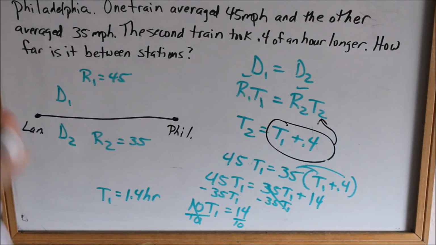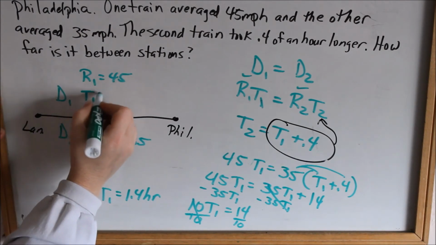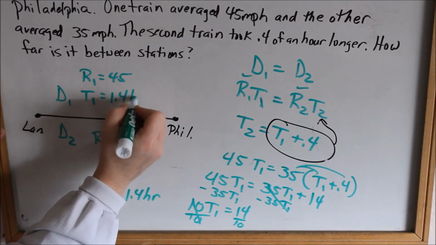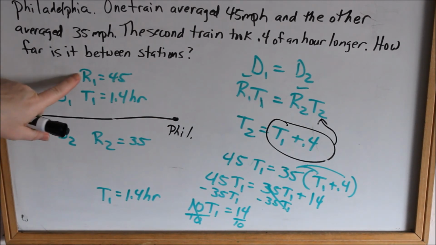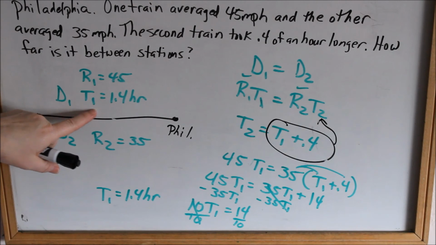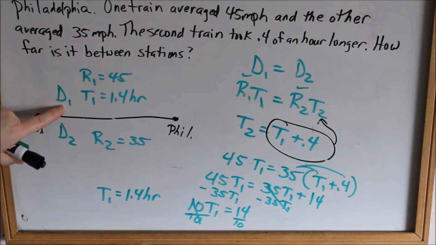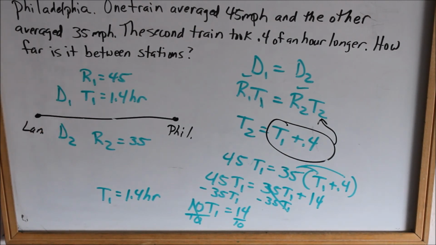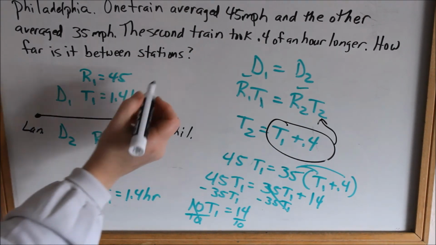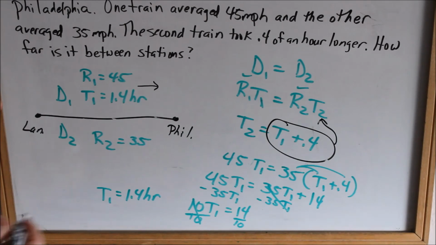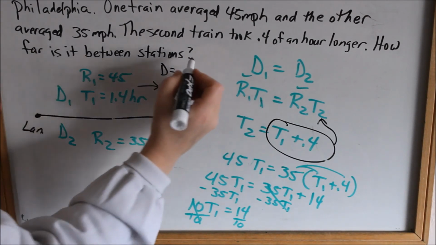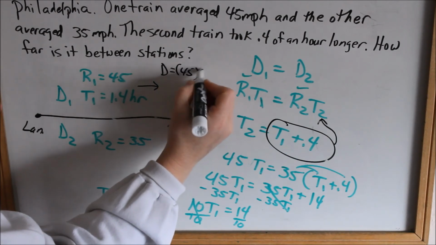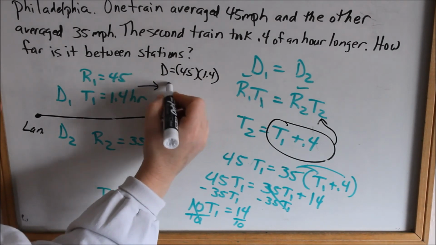Now that we know that T1 equals 1.4 hours, remember the distance is the same. So we just need a rate and time for one of them to find the distance, because distance equals rate times time. So we use distance equals rate times time to do our 45 times our 1.4.